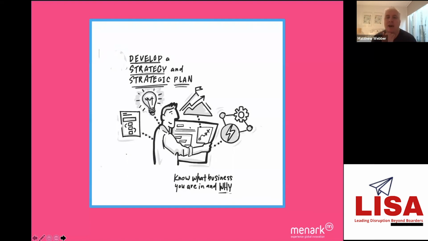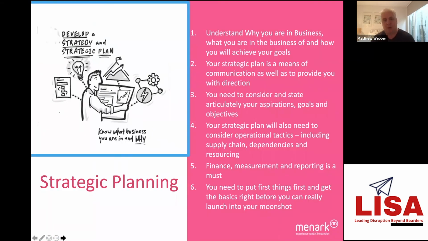So we'll focus now on developing a strategy and strategic plan, and this is very much about why you're in business and how to get there. So you do need to understand the why, and what business you're in. The why is easy, most people will be familiar with Simon Sinek's version of the why.